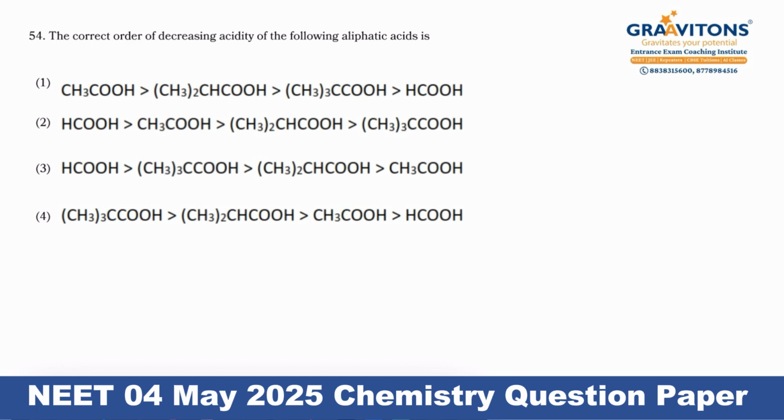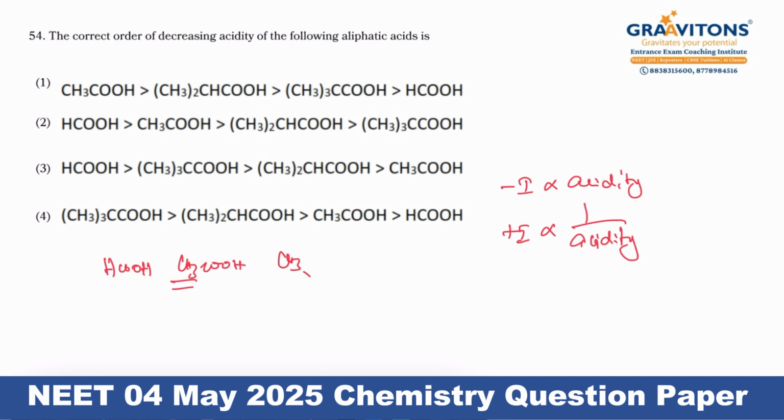So the 54th question: the correct order of decreasing acidity of the following aliphatic acids. Usually the minus I effect is directly proportional to acidity, whereas if a plus I group is present, it is inversely proportional to acidity. So here you can find formic acid, which has no plus I group, whereas acetic acid will have 1 plus I group, and then you have 2 plus I groups, CH3, and in the tertiary form you can find 3 methyl groups present.